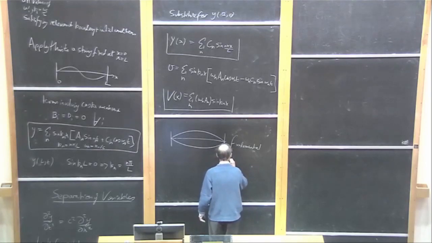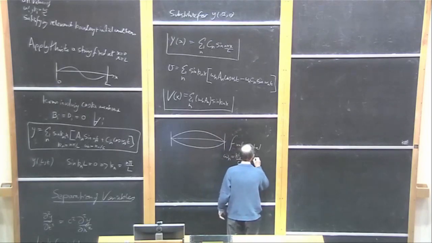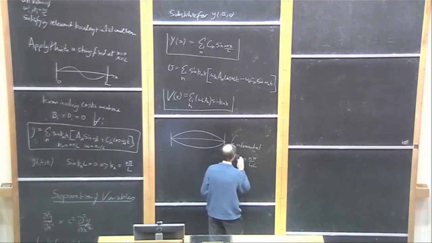and omega n is k n times c, which is n pi over L times c, and n is 1, so omega 1 is that.